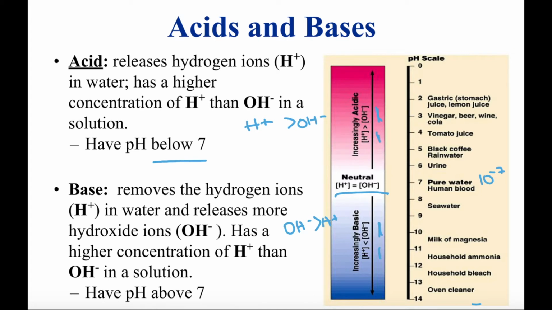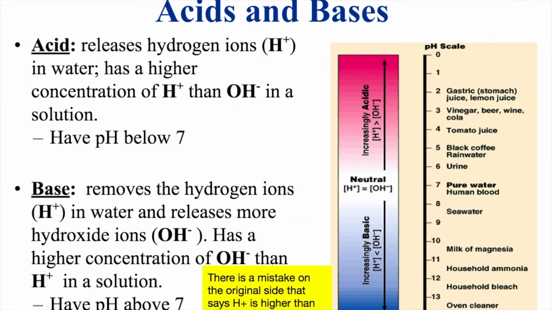It's weird, whatever, just go with it. Reminder, the information in the video and audio was correct in the prior few minutes, but the slide is incorrect, and you want to make sure the definition of the base is accurate, with higher concentration of hydroxide than hydrogen in solution.